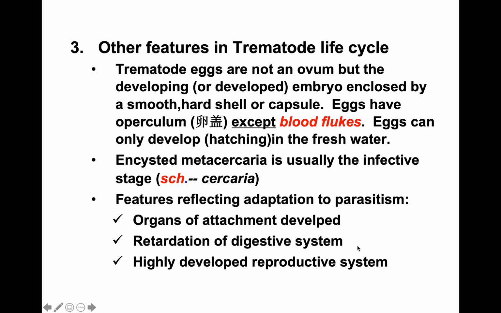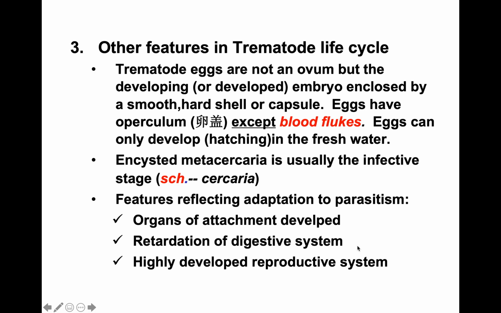Features reflecting adaptation to parasitism. Number 1, organs of attachment develop. So all the flukes have suckers. It's just that the suckers are at different places and different shapes. Also, retardation of the digestive system.